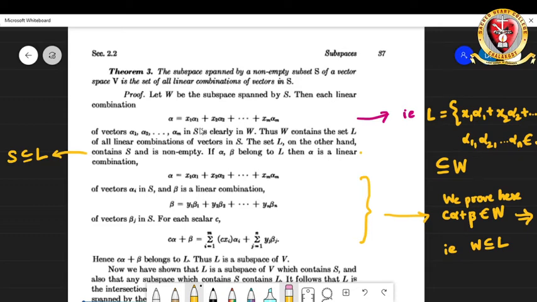Because alpha 1, alpha 2, etc., alpha m are in S, so these elements will be in every subspace in the intersection.